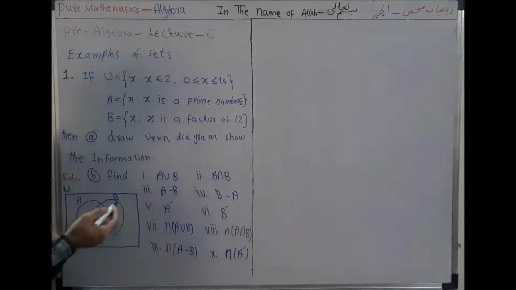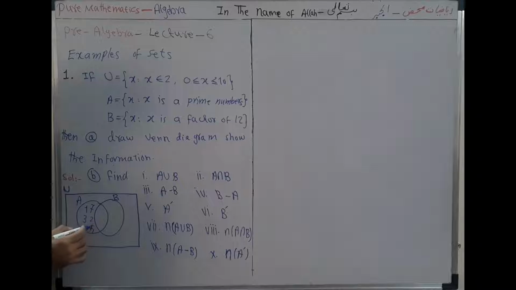Set A is the prime numbers. We know the prime numbers are 2, 3, 5, 7. And set B is the factors of 12, which are 1, 2, 3, 4, 6.